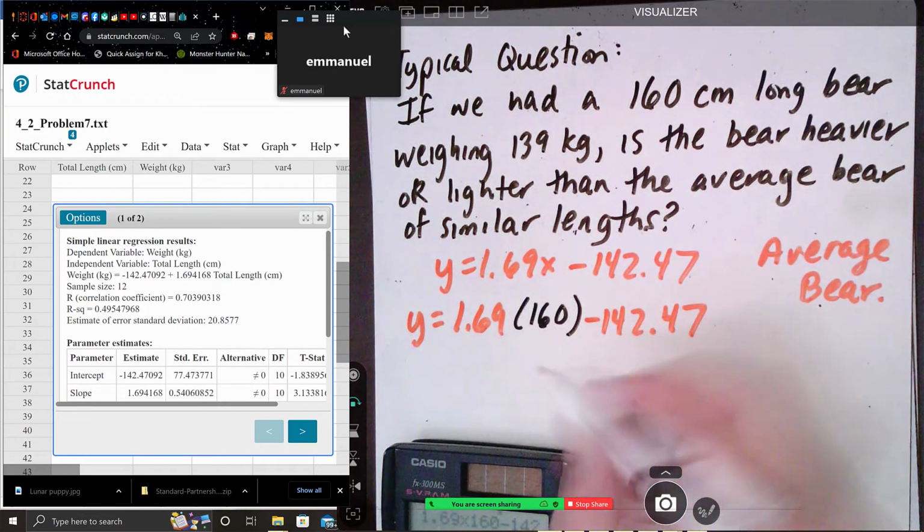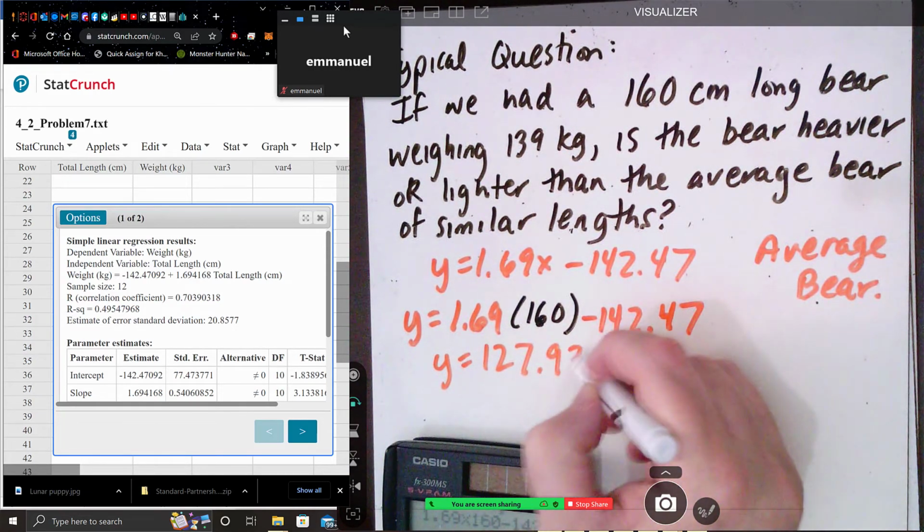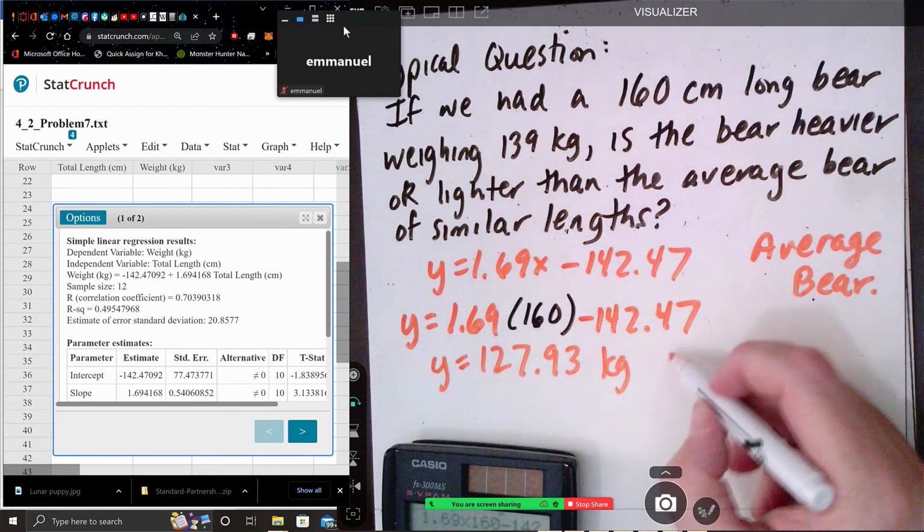And I'm getting y equals 127.93, and that's kilograms. That's the average bear.